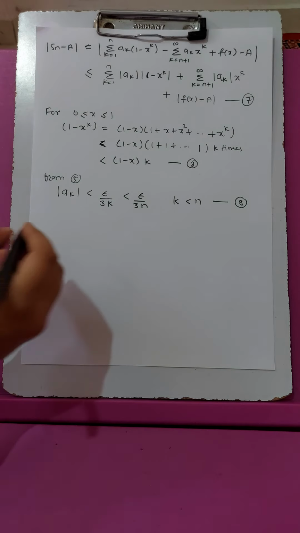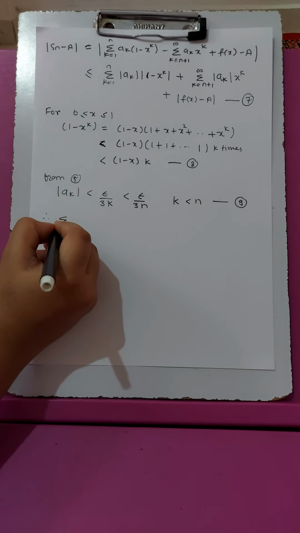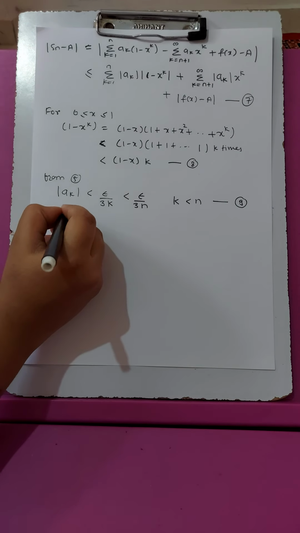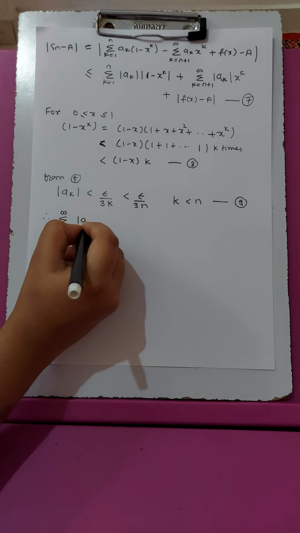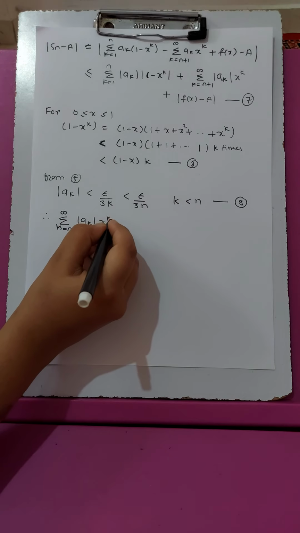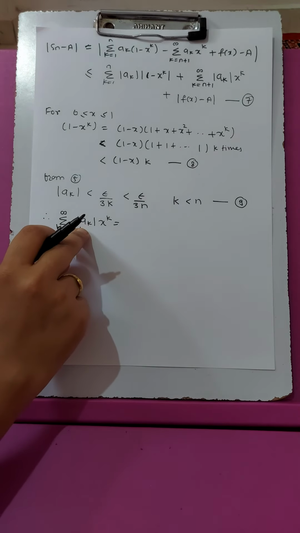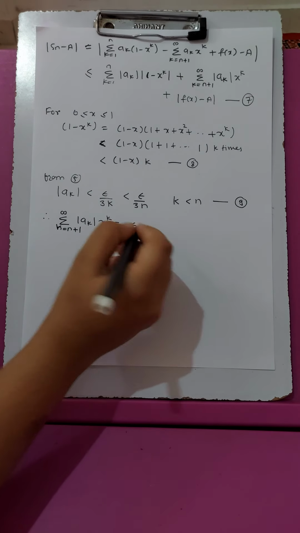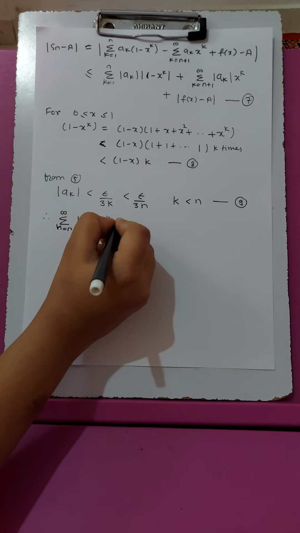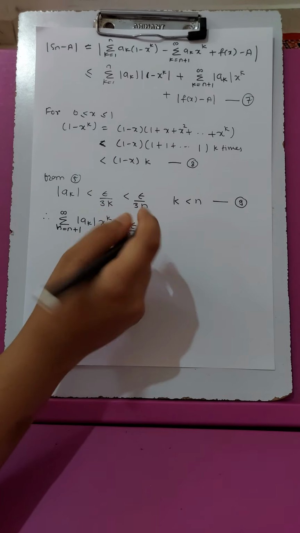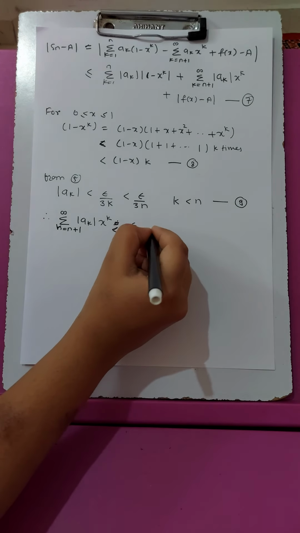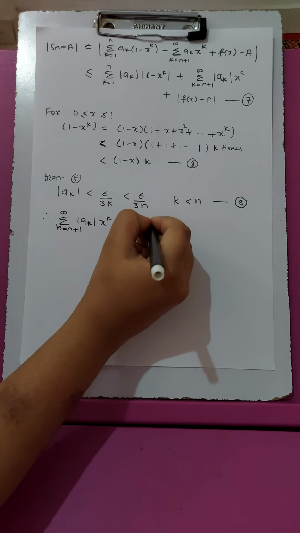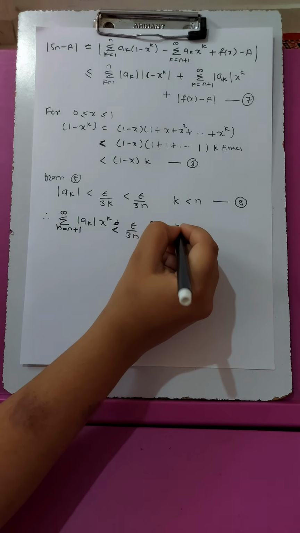Therefore summation k from n plus 1 to infinity mod of ak x to the power k becomes less than epsilon upon 3n times summation k from n plus 1 to infinity x to the power k.